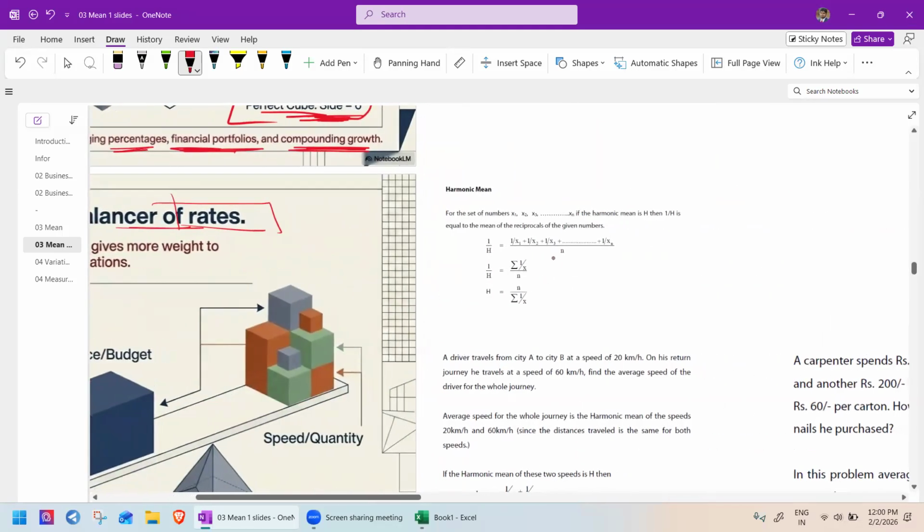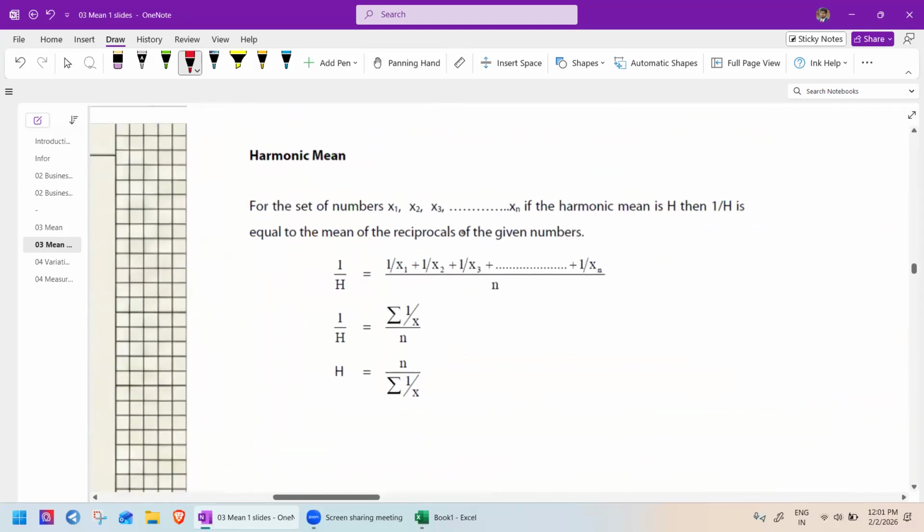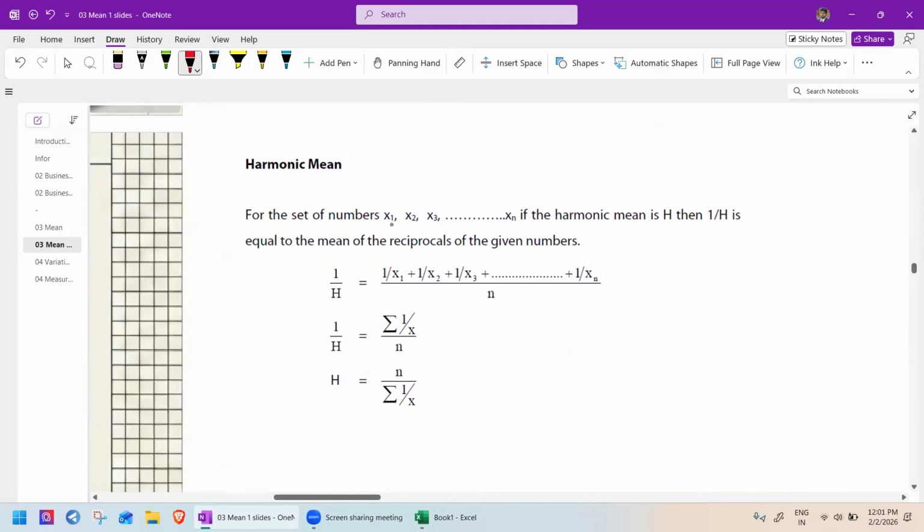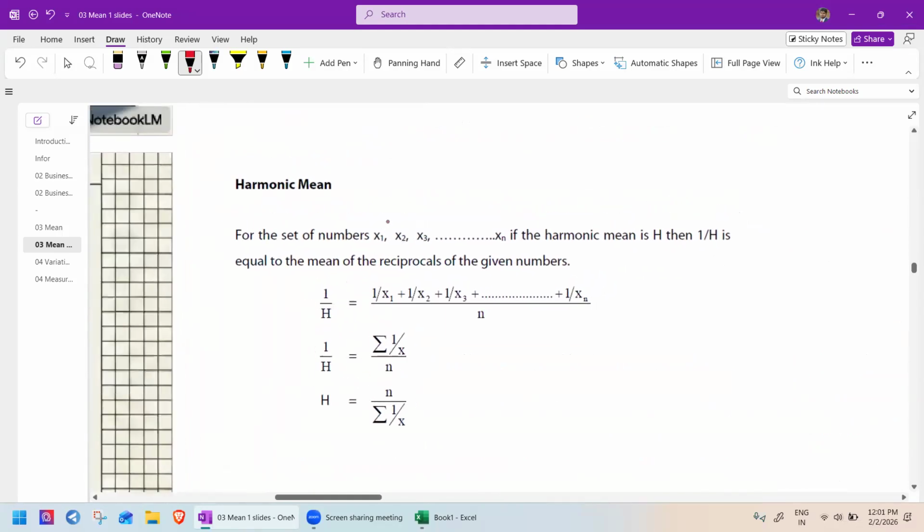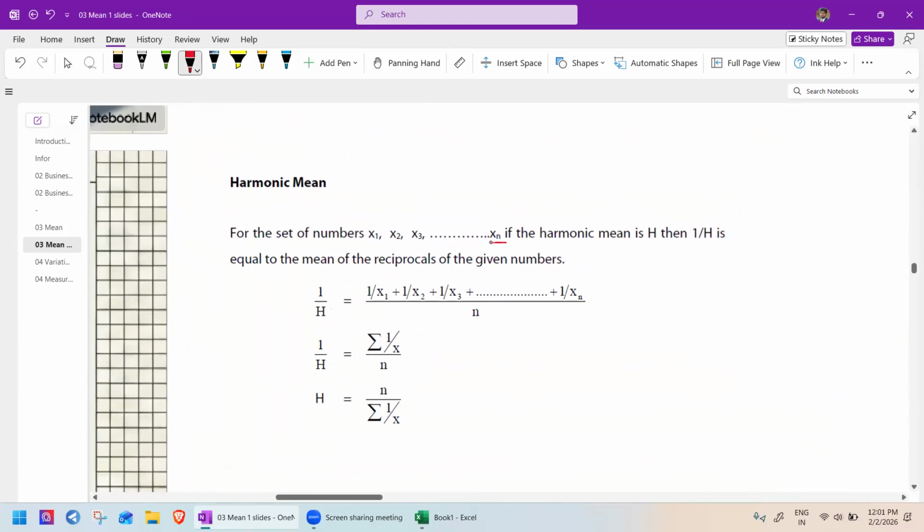Here we have a set of numbers, the observations x1, x2, x3 up to xn. We write the harmonic mean like this, the geometric mean like this, and the arithmetic mean like this.